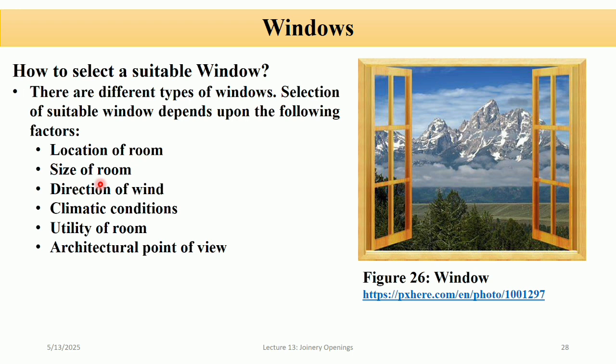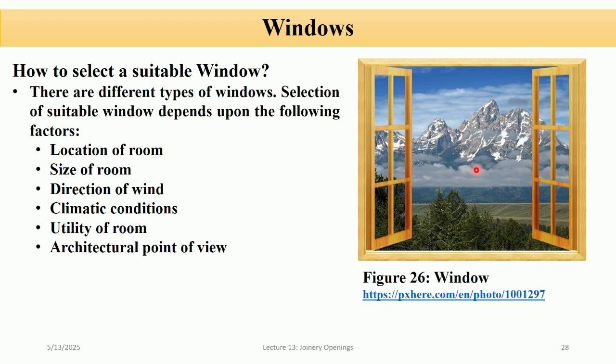Size of room. So larger rooms may require bigger or more window to ensure adequate lighting and ventilation. So in small room, smaller windows are sufficient and help maintain proportion. Direction of wind. So window should be placed in the direction from which the wind usually blow to allow natural ventilation.